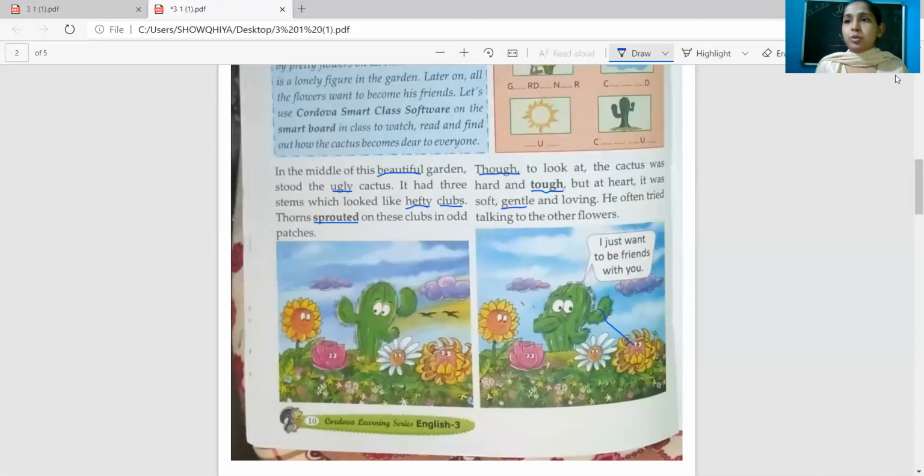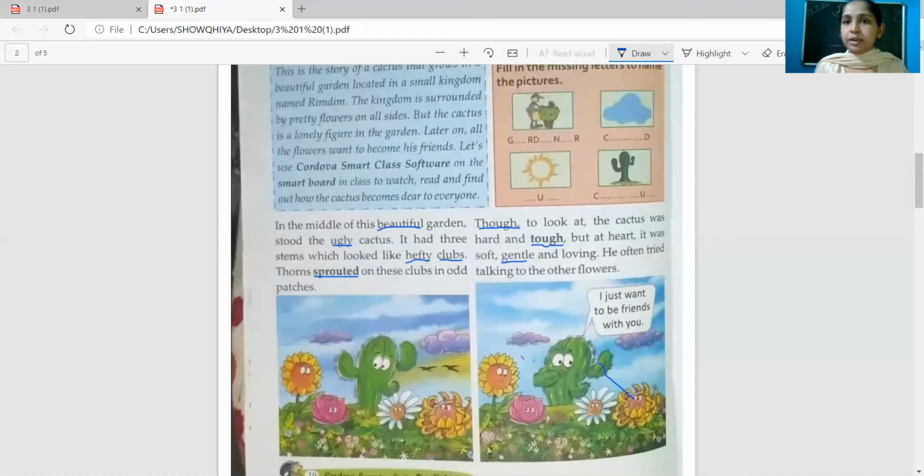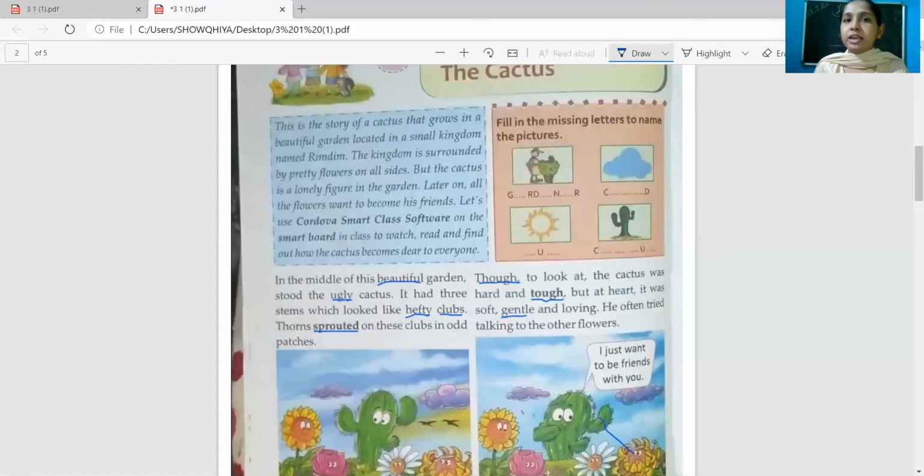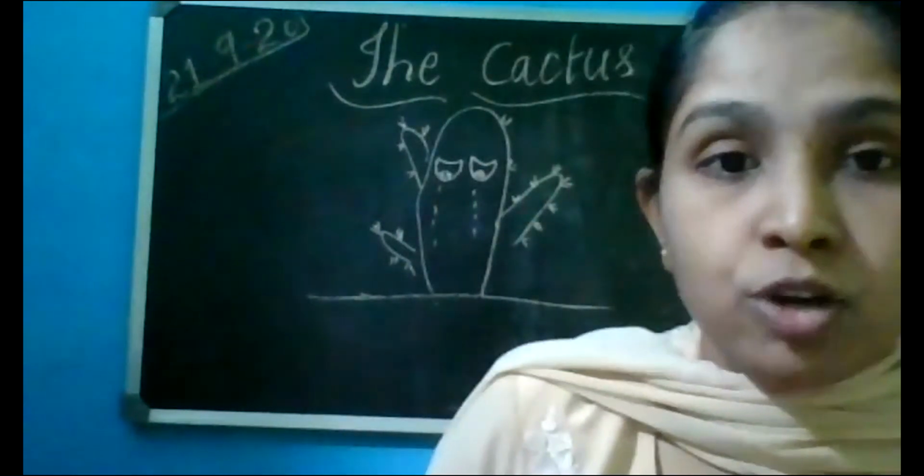So there was a beautiful garden taken care of by a person. In a small kingdom, kingdom is nothing but a place which comes under the kings. In the kingdom called Rimdim. What is it?